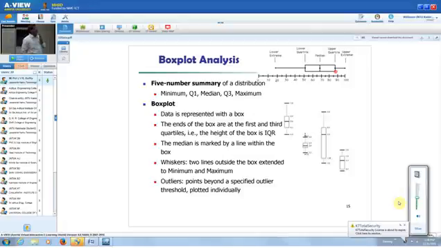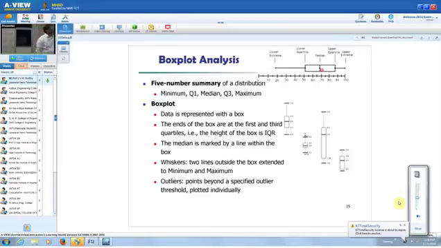Then from quartile 1 to quartile 2, 25 to 50% of the values are in between, from lower quartile to median in that box. Below this lower quartile, you have the first 0 to 25% values.